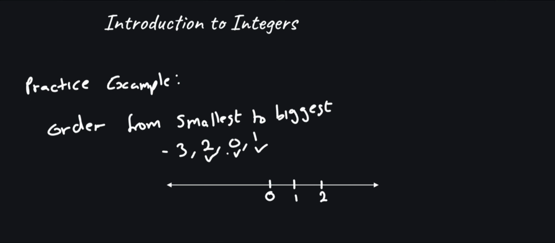And -3, because it's negative. Negative numbers are always towards the left of 0. So we have -1 here, -2 here, and this would be -3. And that's how I'd order them. So from smallest to biggest, our answer would be -3, 0, 1, and 2.